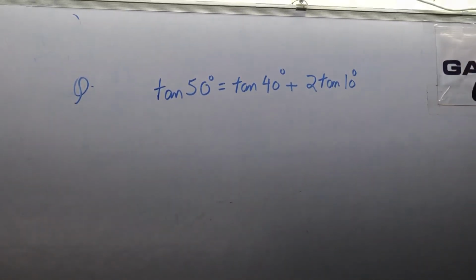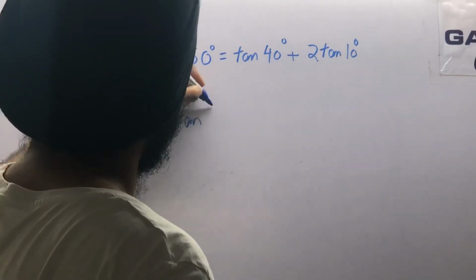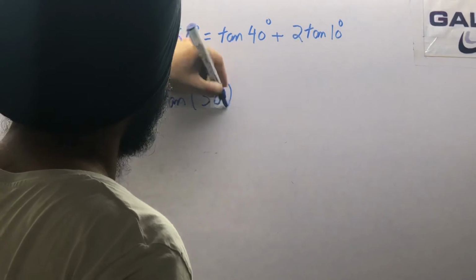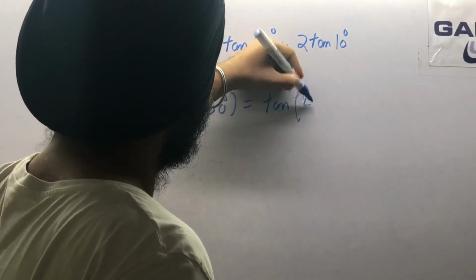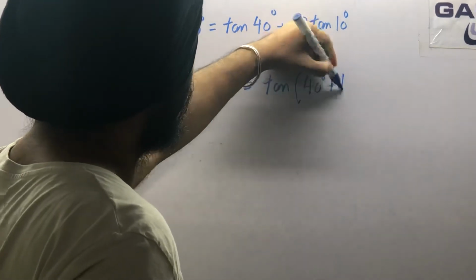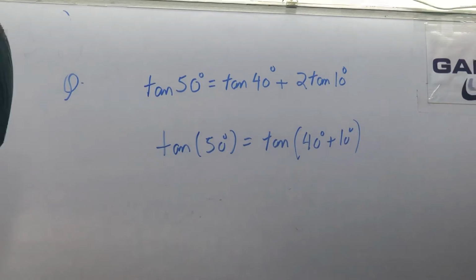Let's see that. So tan 50, can it be written like this? tan (40 plus 10), the sum of two smaller angles 40 and 10, right?